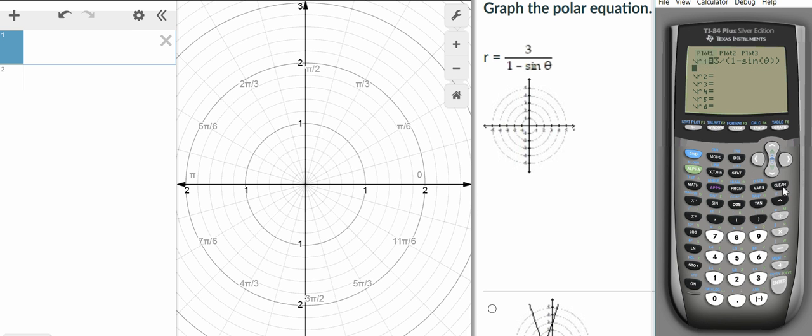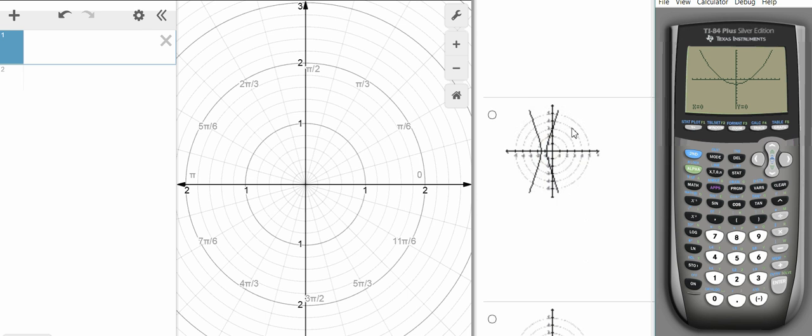And when you graph it, you get a parabola with the open direction upward. So you see, here is a parabola. You may zoom out a little bit. Click on window number 3. So you will see that's a parabola with open direction upward.